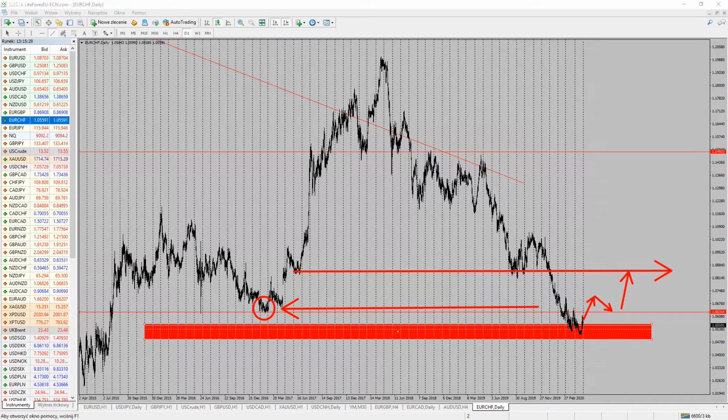Another huge zone when it comes to supply. Only a move and close above the psychological 110, so very similar to what we have on euro dollar here, right, 110 might bring more upside when it comes to the euro Swiss franc.